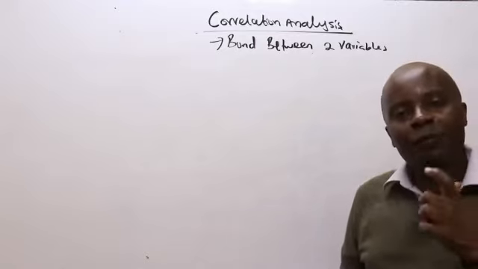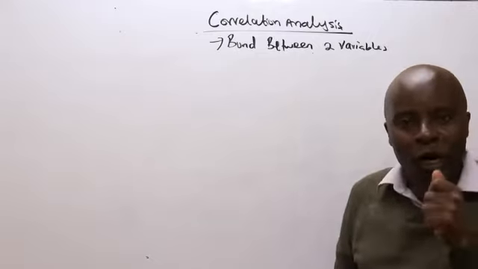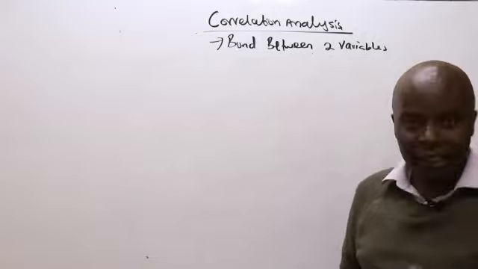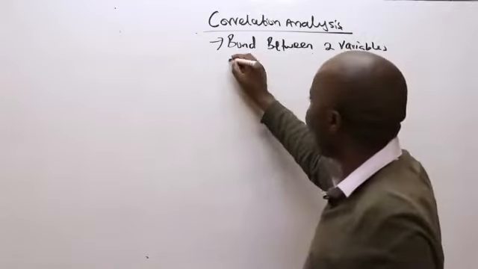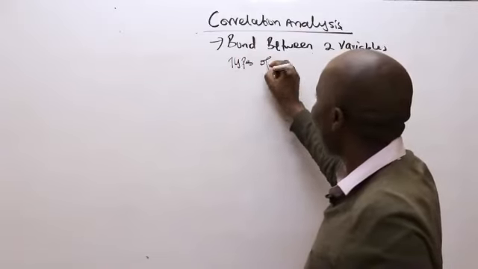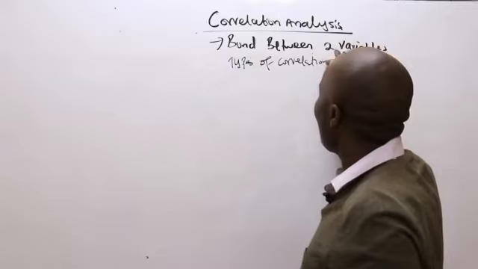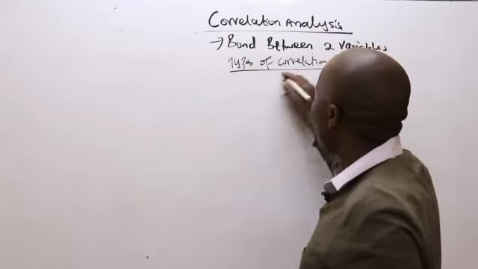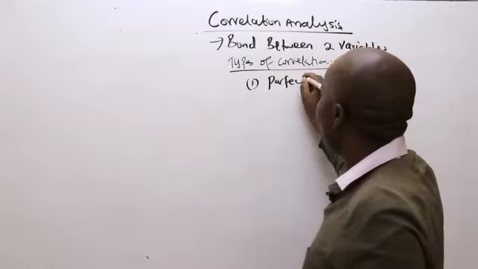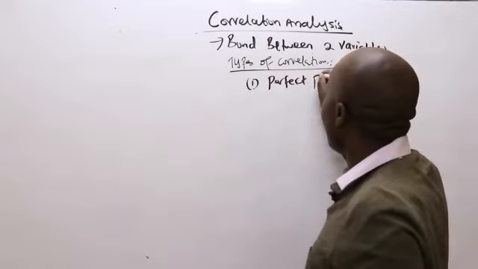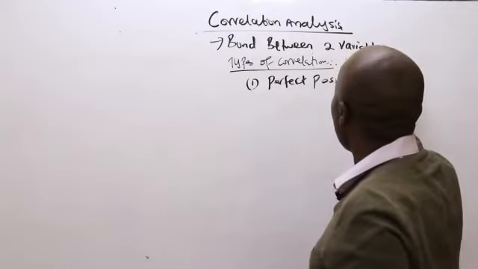If you have variables that are strongly, perfectly correlated, ladies and gentlemen, you will talk of types of correlation. Number one, perfect positive correlation.